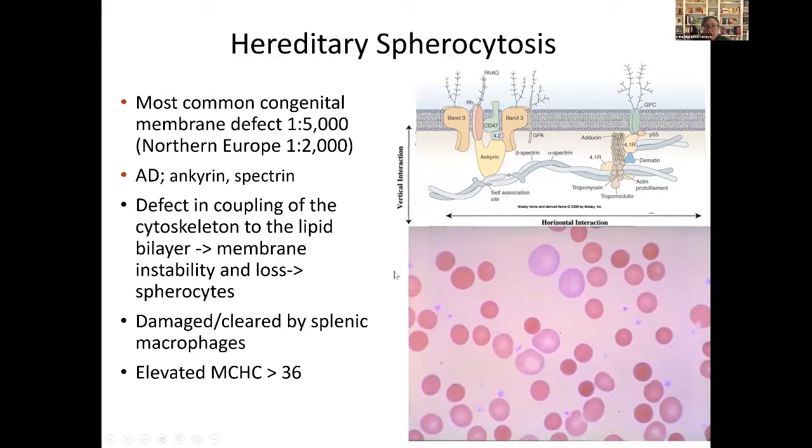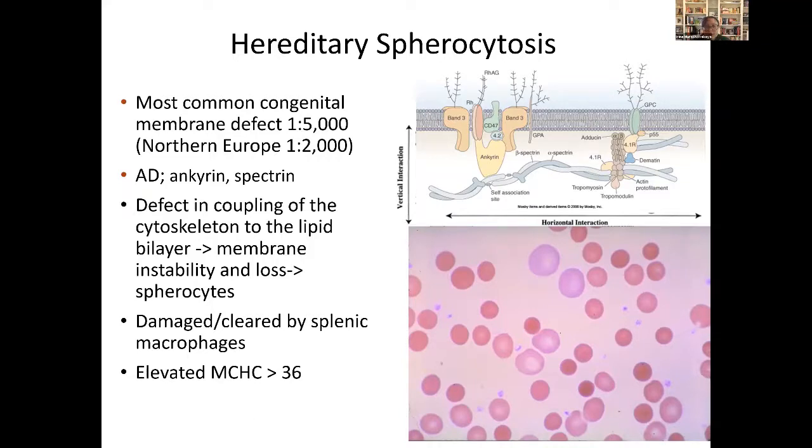In addition, when the red cells go through the spleen, macrophages take a bite of the red cell membrane or basically eat the little spherocytes the next time they go through the spleen. An important clinical point is that you have high hemoglobin per cell, right?